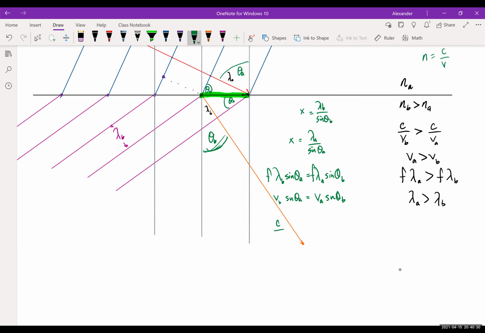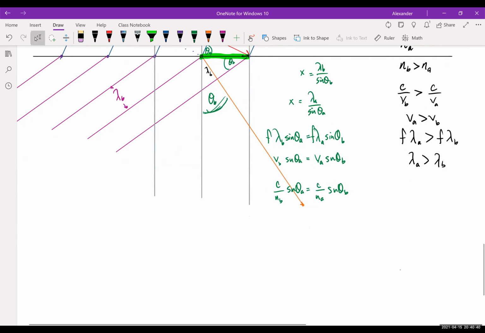So this is c over nb sine theta a, c over na sine theta b. If we cancel c and cross multiply one more time, we end up with Snell's law.